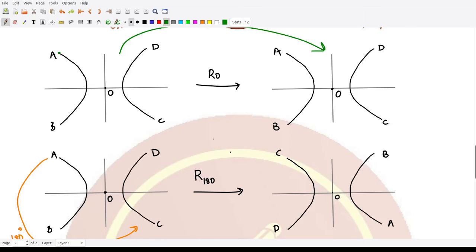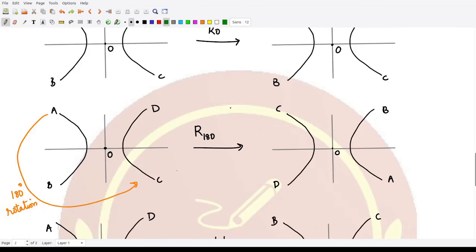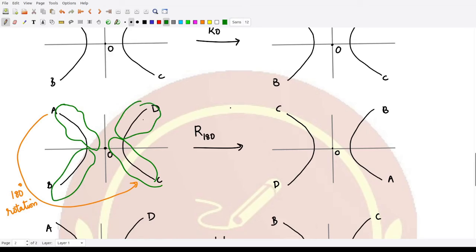Now we can also rotate it by 180 degrees. If you rotate it by 180 degrees, what would happen? A would go to the position of C with the same image, and this portion would go to the position of D. In this manner we can draw it.